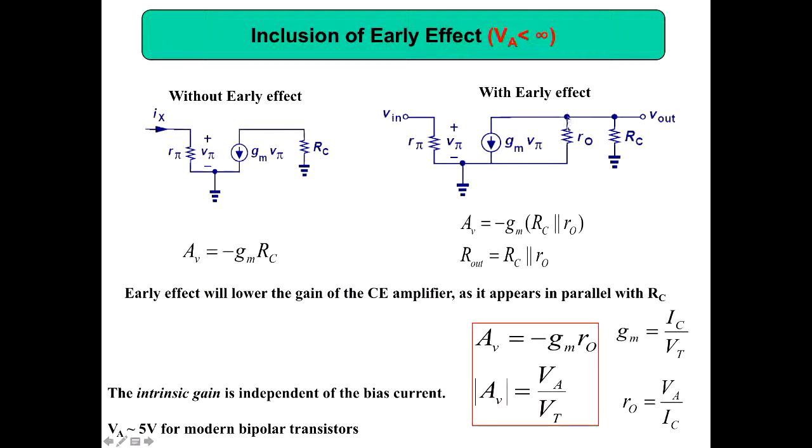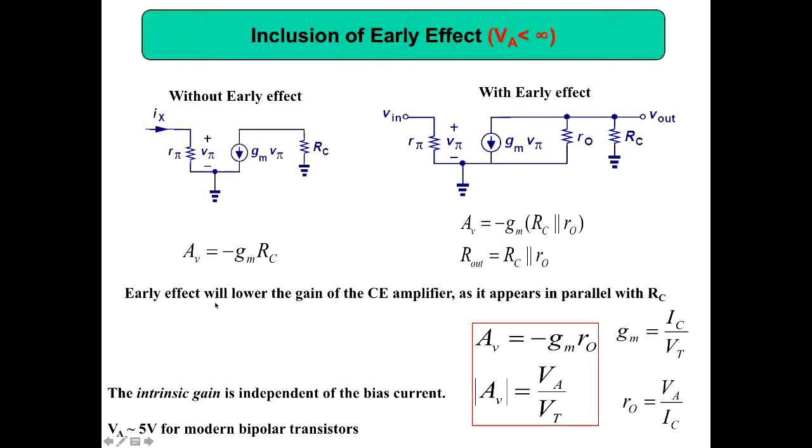When you take into account Early effect, we write VA less than infinity. Then the expression will become, because this RO is coming in parallel with RC, minus GM into RC parallel RO. Or we can write minus GM into R out, so your R out equals RC parallel RO.